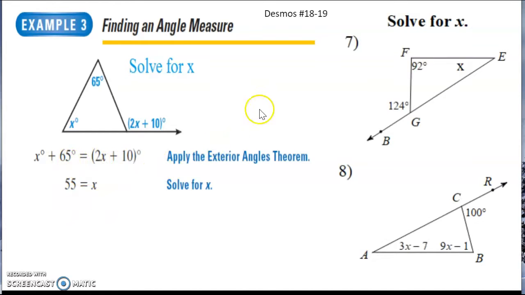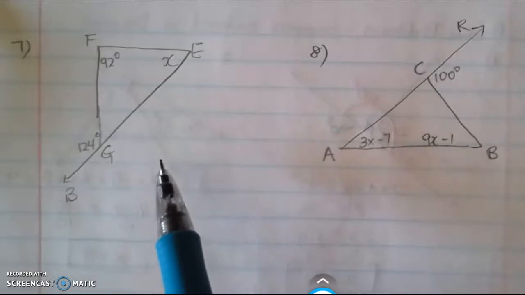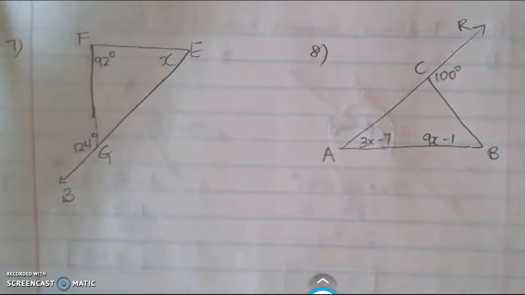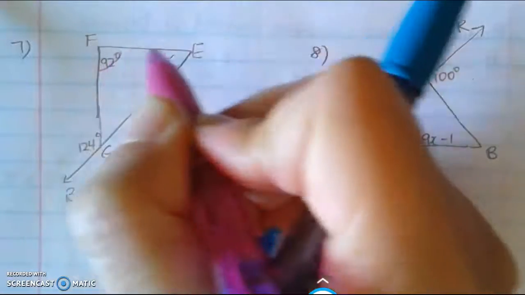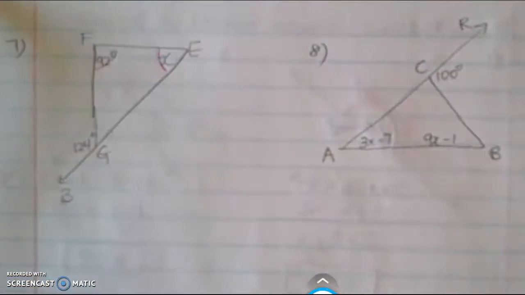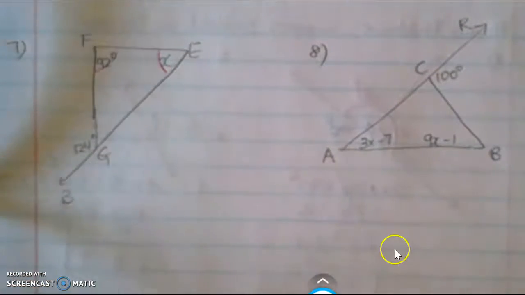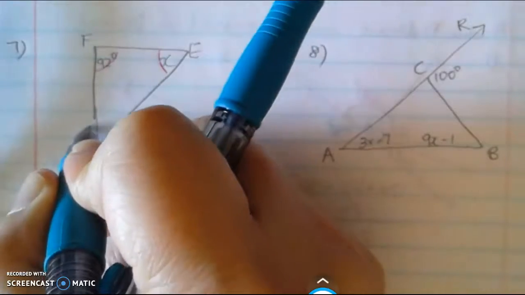Alright, so at this time you should be working on these two problems. Pause the video and I'll show you the solution in a minute, but it's very important that you get a go at it yourself. Okay, so here we go. We know that that is an interior angle and this is an interior angle, and we know that 128 is the exterior angle.